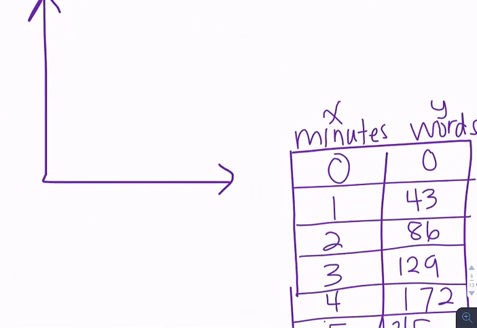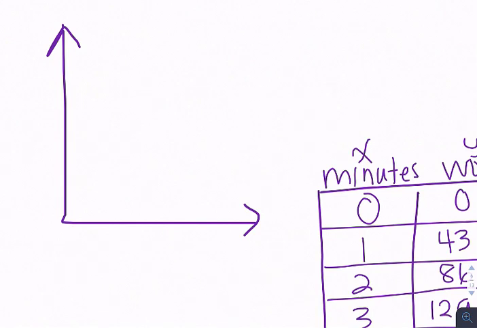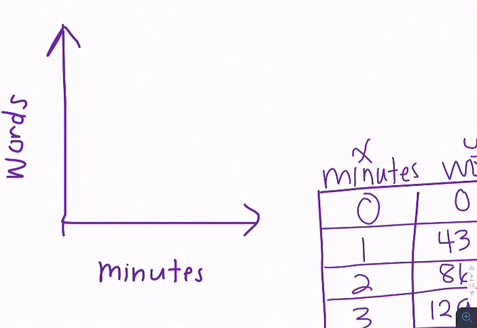All right, back to my graph. My X is minutes. My Y is words. And this is 0 for both. This corner piece is 0.